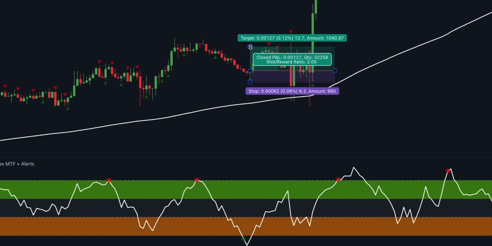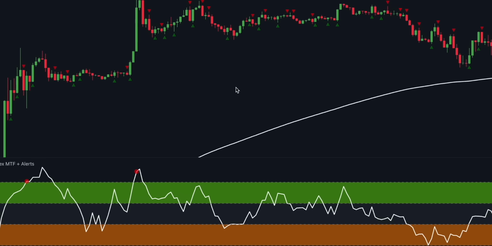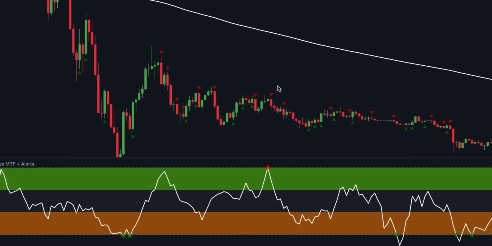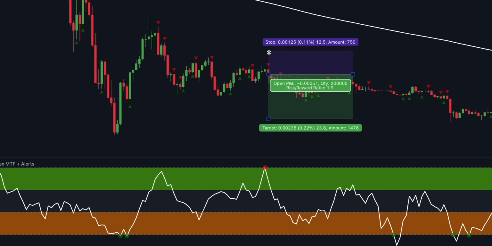We tested some of the signals given by this strategy on EUR/USD on 5 minutes time frame. The strategy wins almost every single time.